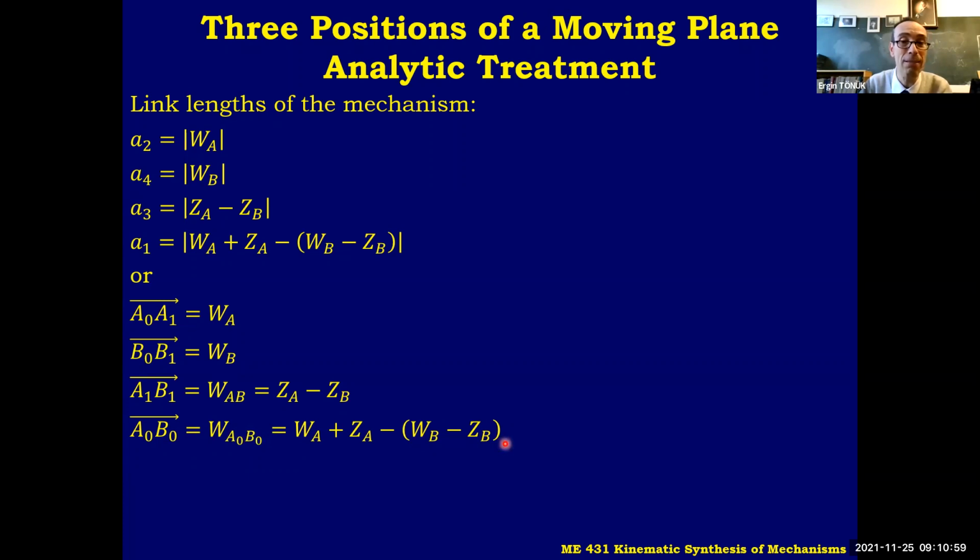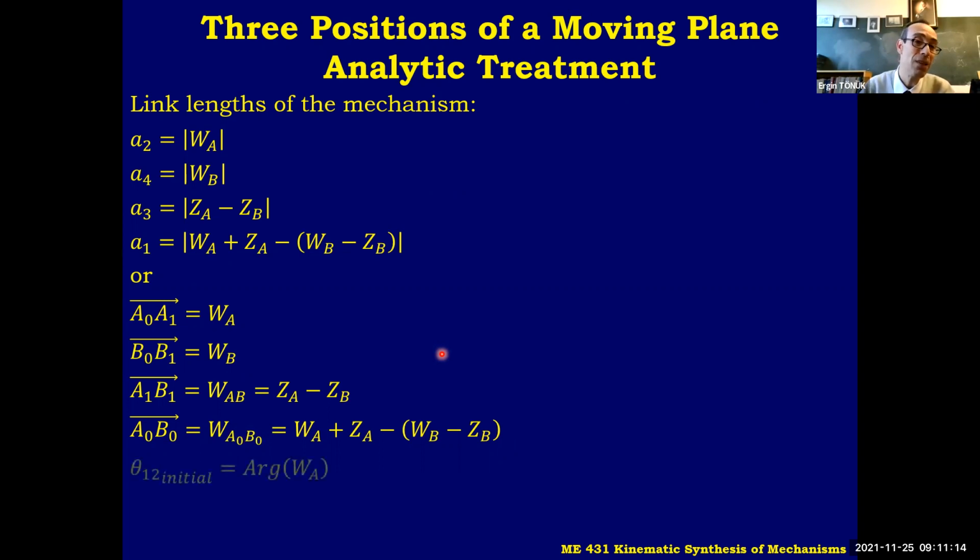So now we can place our 4-bar on an arbitrary coordinate system or complex plane where A0 is not at the origin.